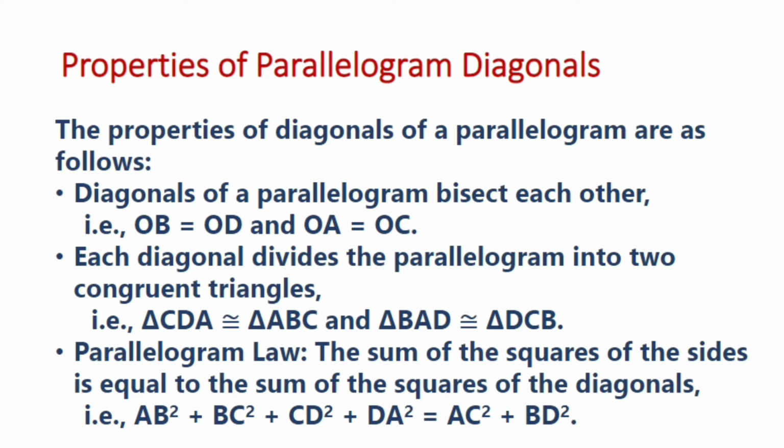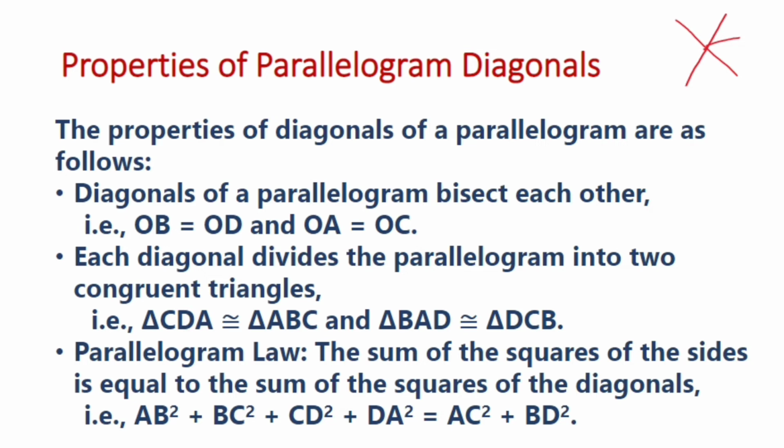Diagonals of a parallelogram bisect each other. You have learned, my dear, in 6th class, two line segments intersecting at a point. This is the intersecting point of two line segments. Recall this and visualize it in this context to understand. Bisect means what?